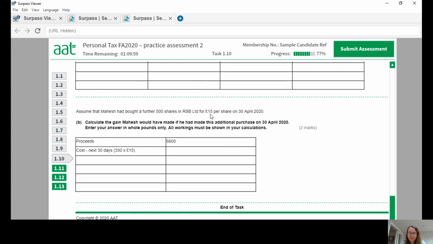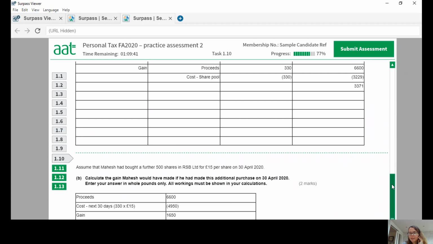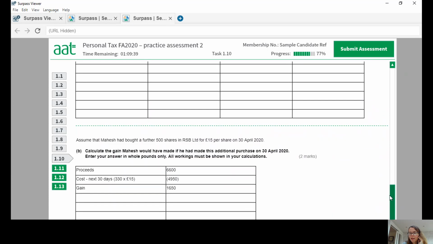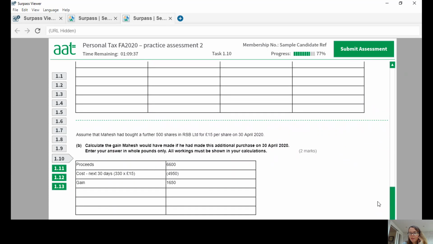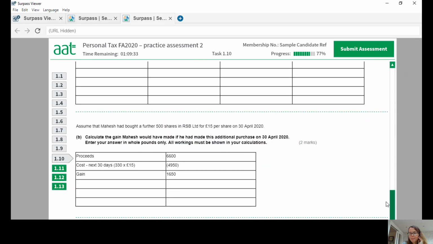So 330 times 15 is 4,950. So the gain now would be 1,650. All right, because you're matching to these shares rather than from the pool as an average.